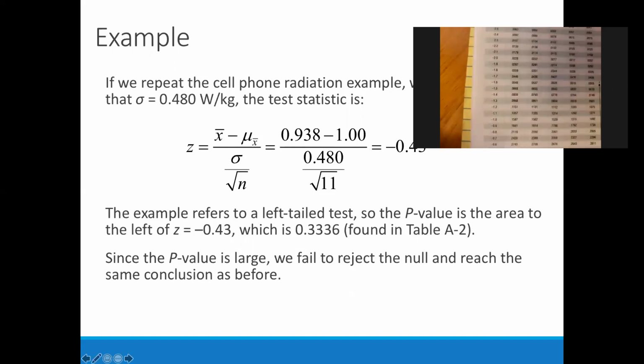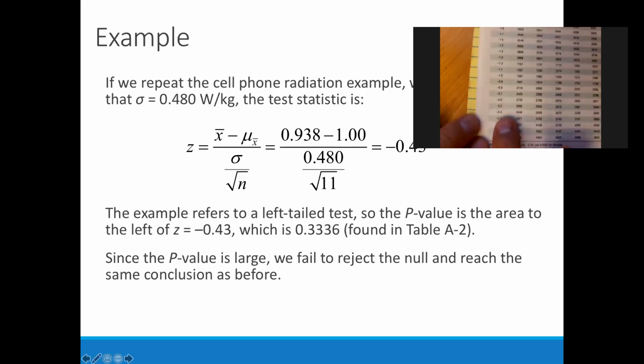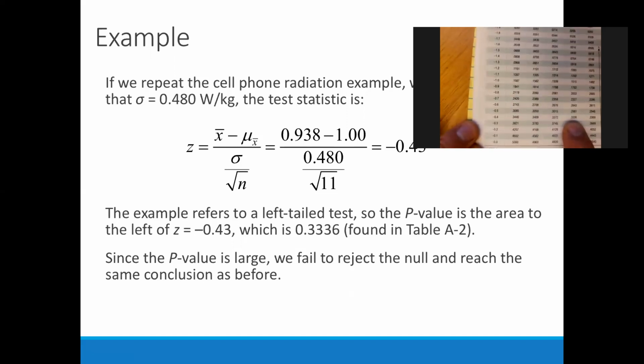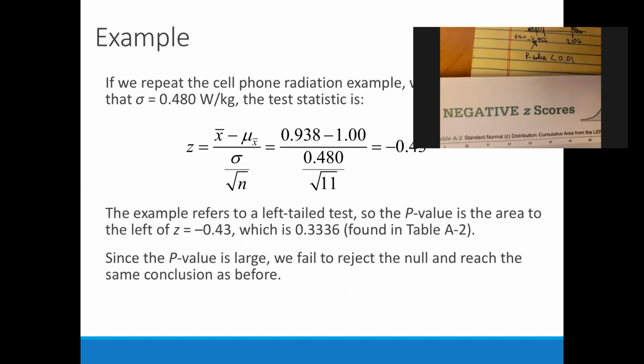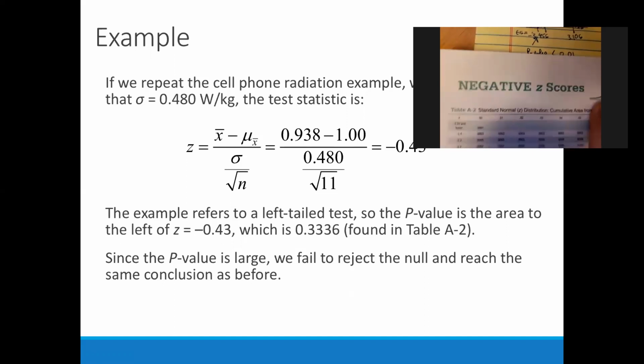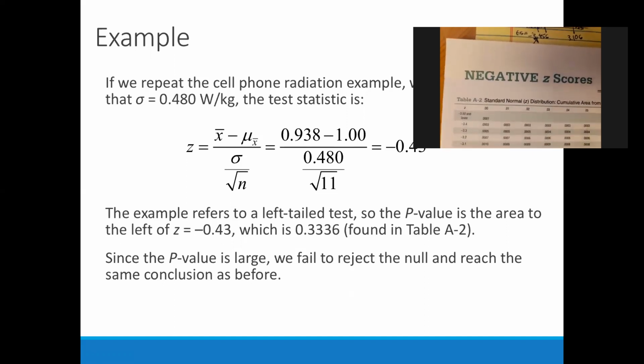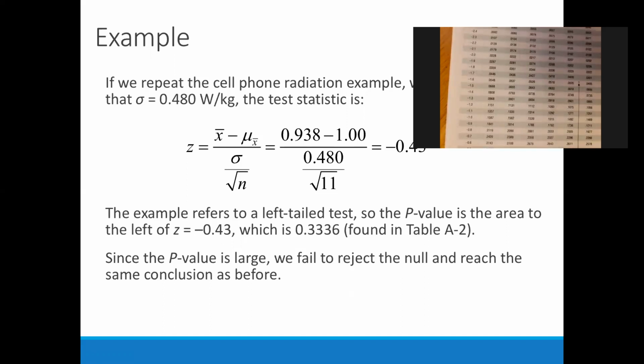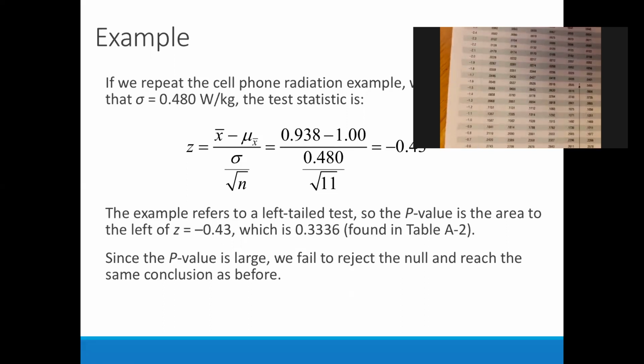So if we find that negative 0.4 and we go over to 0.43, we'd see that 0.3336. Remember, this is left-tailed, which means this reads cumulative from the left, which means we can take that value and use that straight up. And so 0.3336 is the p-value associated with it.